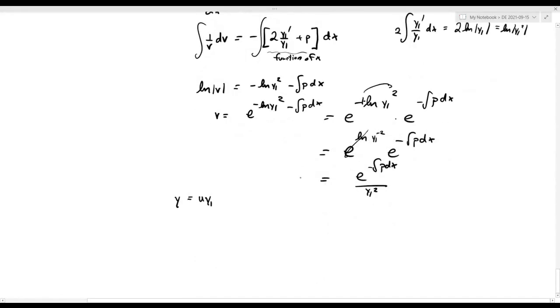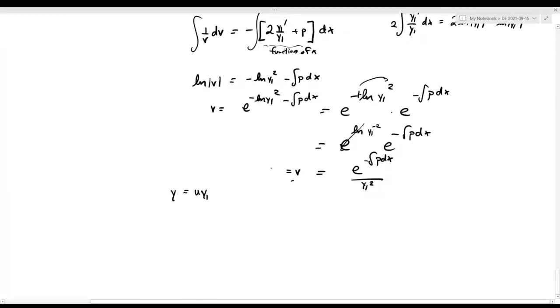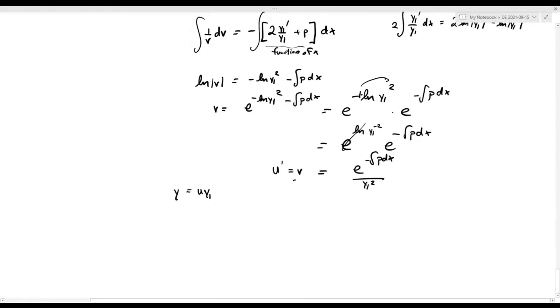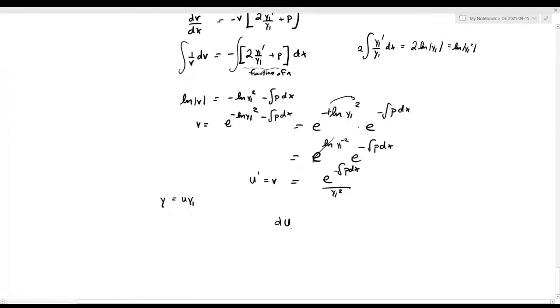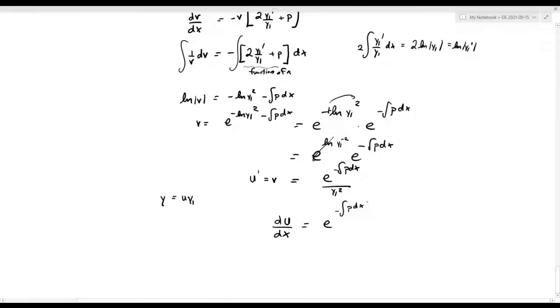And we found that v, remember v is equal to u prime, so we found that u prime is equal to this expression, which is a very simple separable differential equation.